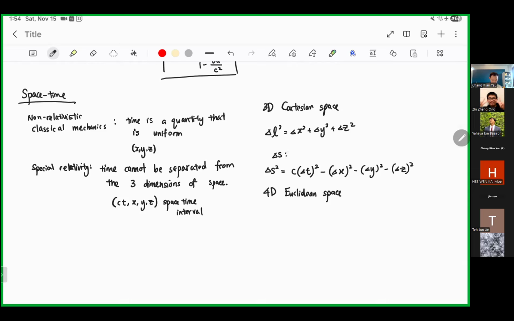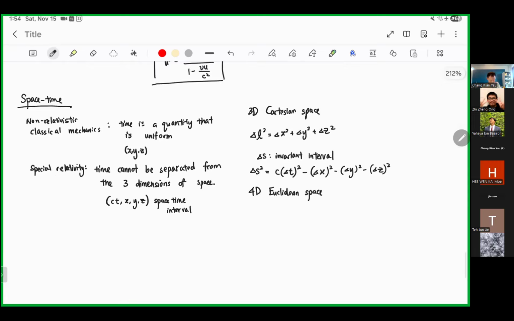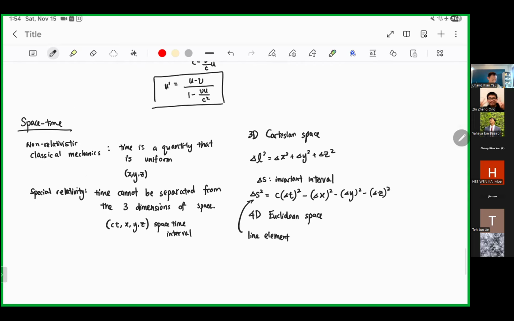We call delta s the invariant interval. If you're doing general relativity in the future, this is also called a line element. But that's just to let you know.